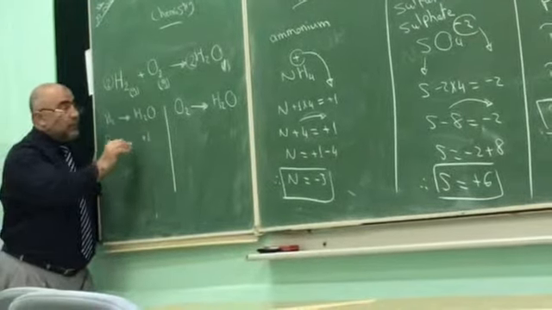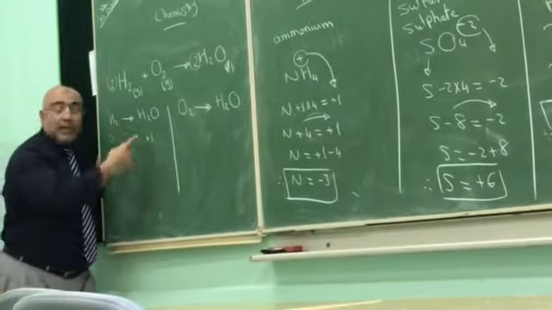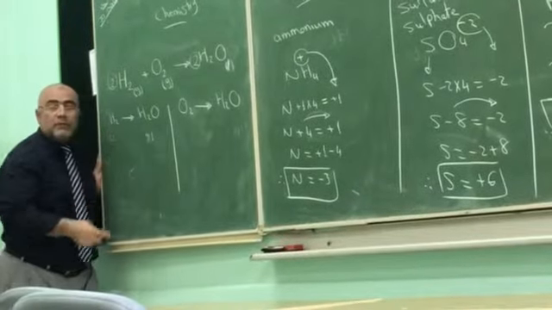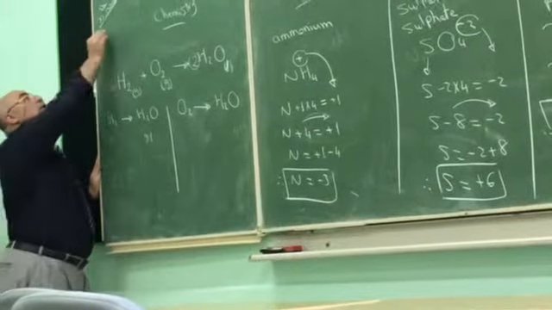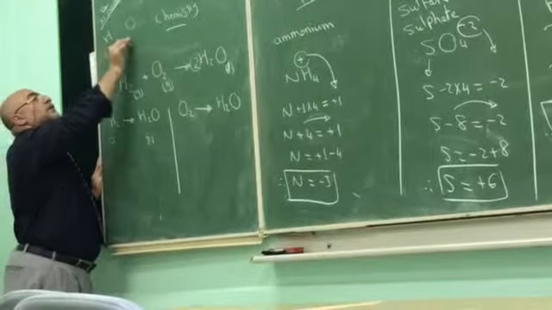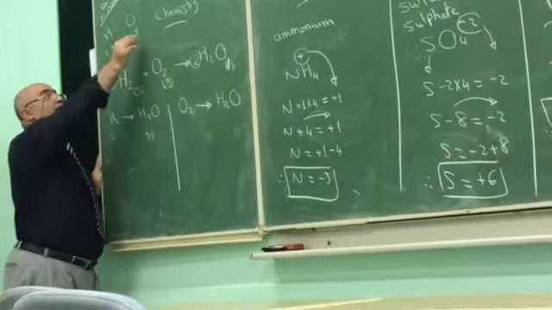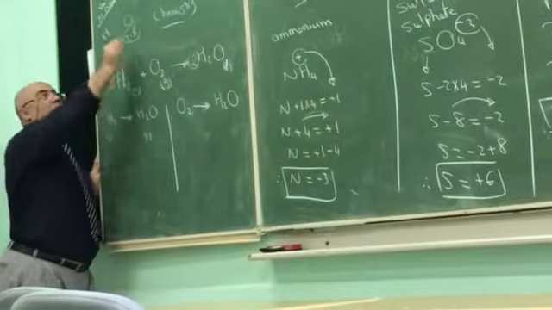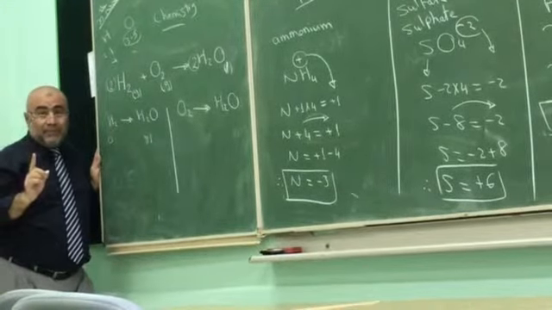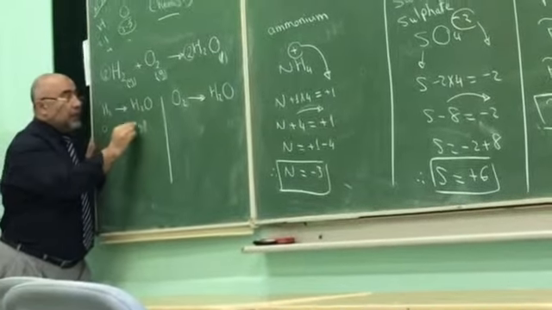Hydrogen and oxygen have electronegativities of 2.1 and 3.5. So the electronegativity of oxygen is more, so oxygen will be negative, but hydrogen is positive. Don't forget this one.